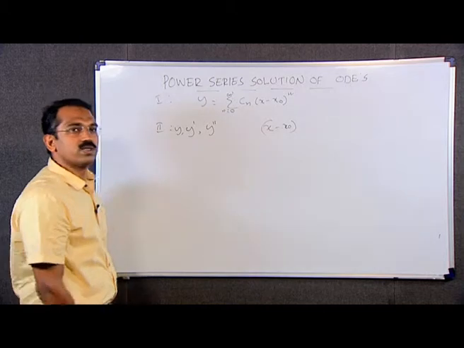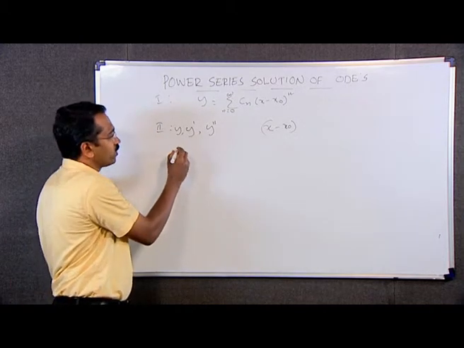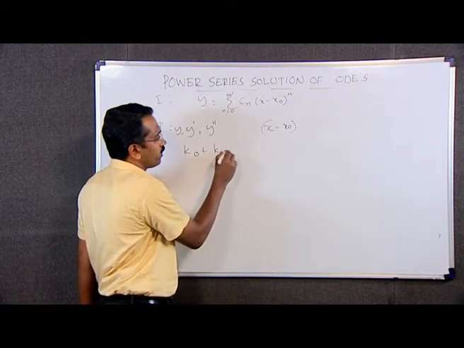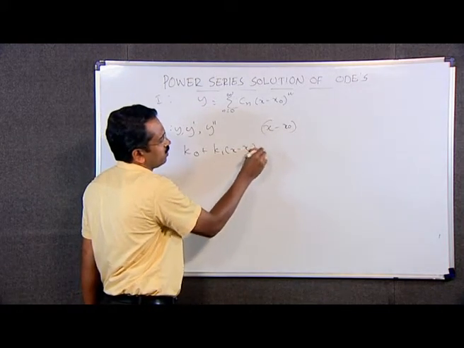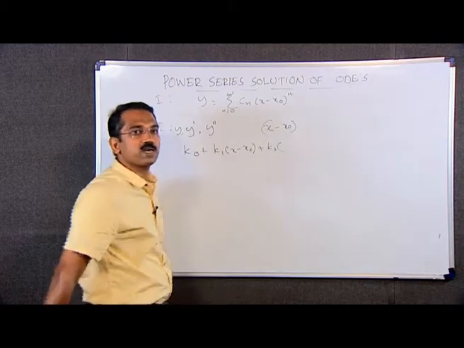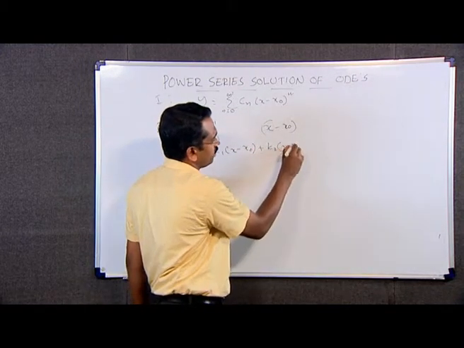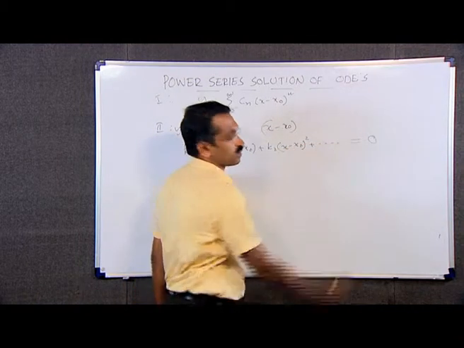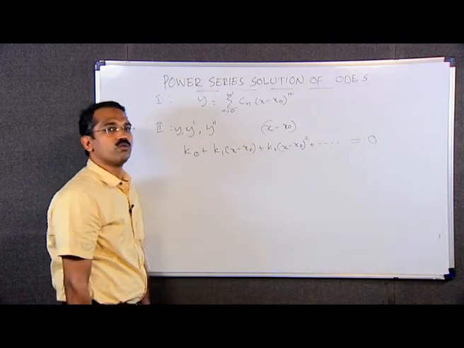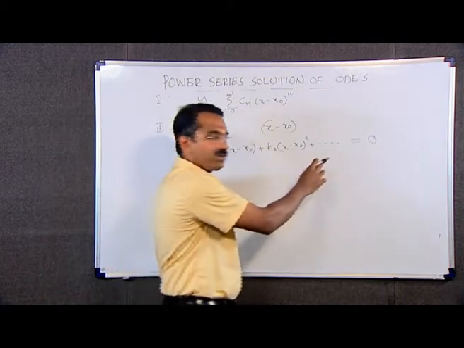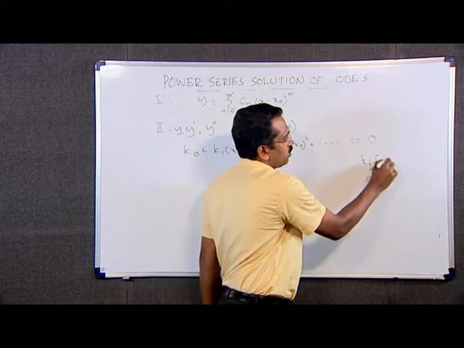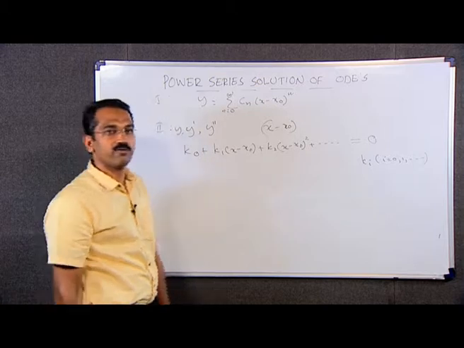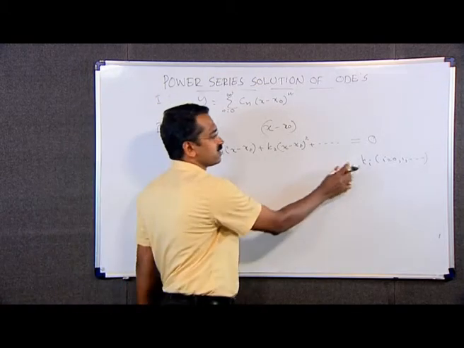This converts the differential equation into the form k0 plus k1 (x minus x0) plus k2 (x minus x0) squared plus etc. is equal to 0, where ki for i equal to 0, 1, 2, 3 etc. up to infinity are functions of certain coefficients cn.